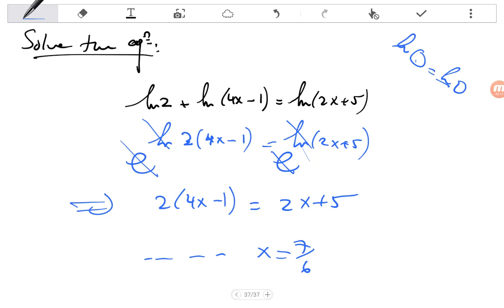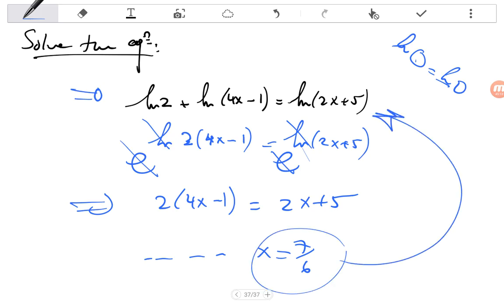Whenever I solve an equation with ln like this, I need to check it again in the original equation. Why would I do that? Because maybe I get a value for x which makes what is inside one of the ln to be negative, and in that case that x would be rejected.